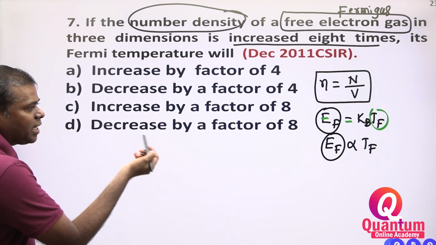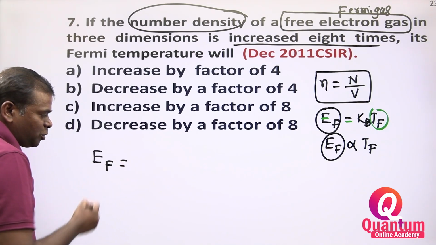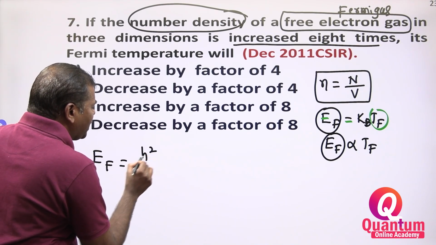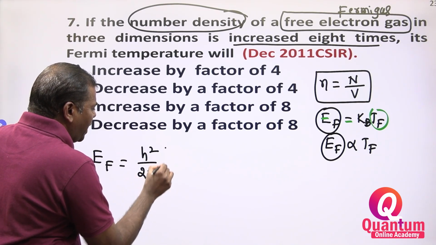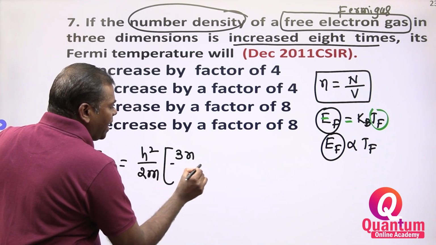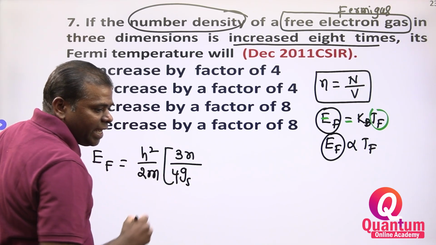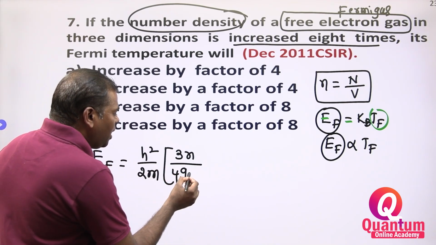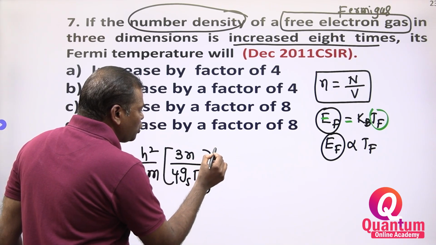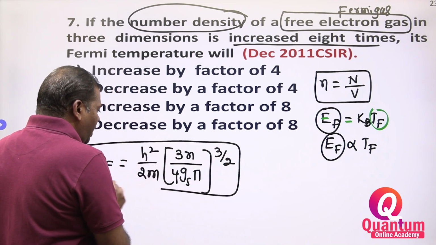The Fermi energy EF is equal to h square by 2m into (3n by gs times pi) all to the power of 2 by 3. This is the formula for the Fermi energy.